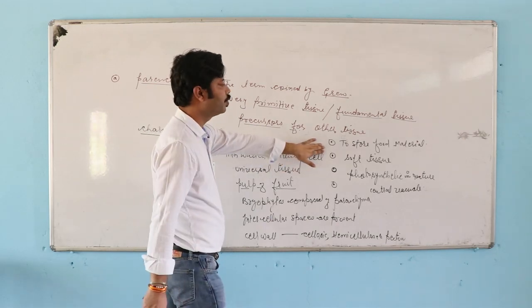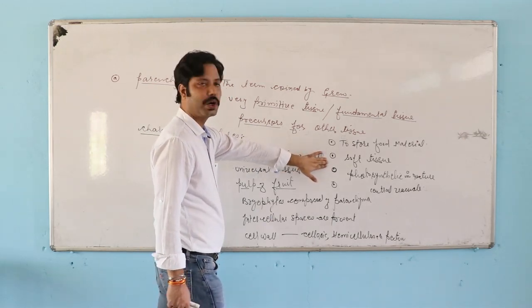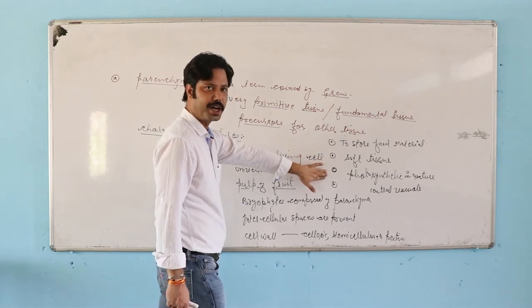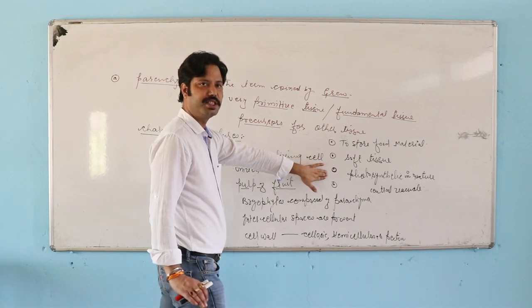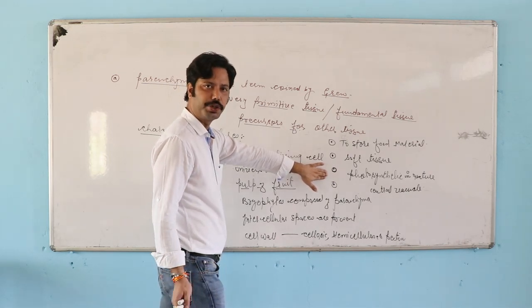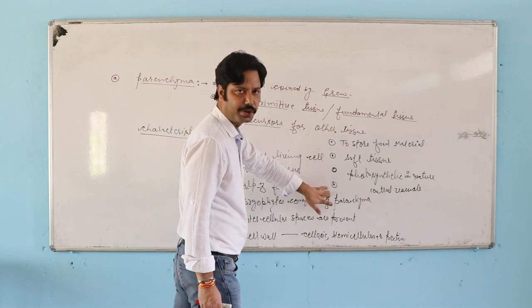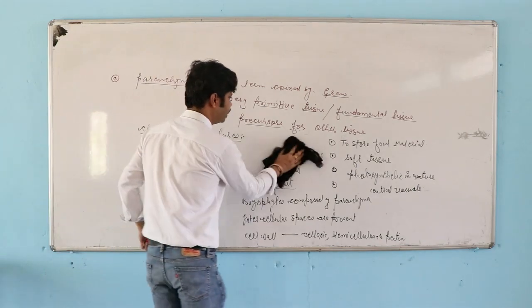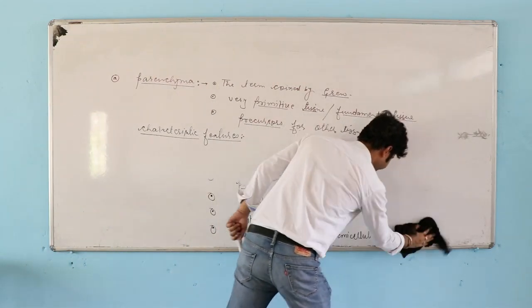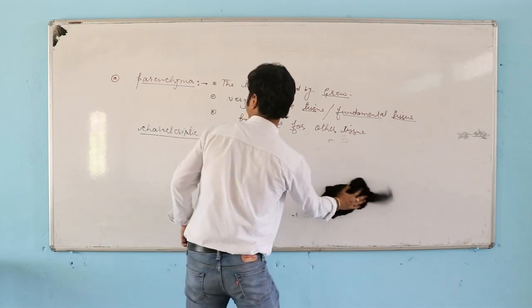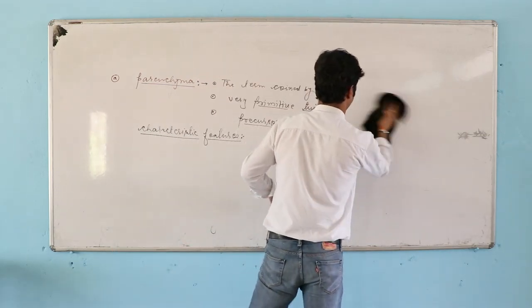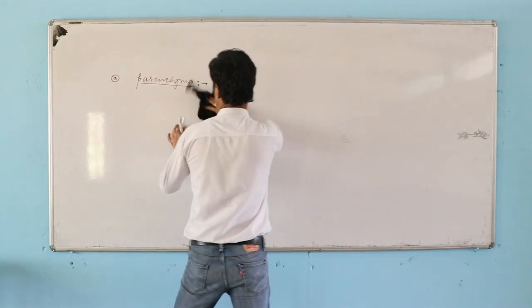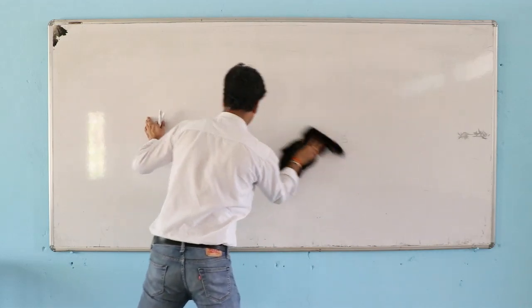These tissues store food material. These are also soft tissue, photosynthetic in nature due to the presence of chloroplast. Due to the presence of chloroplast, these tissues can make their own food by the process of photosynthesis. Presence of central vacuole. So these are the main characteristic features of parenchyma.